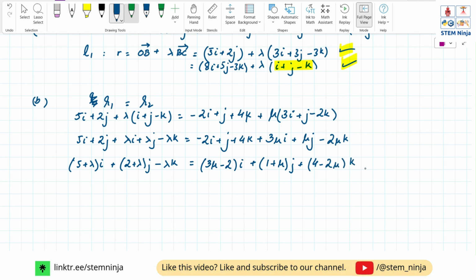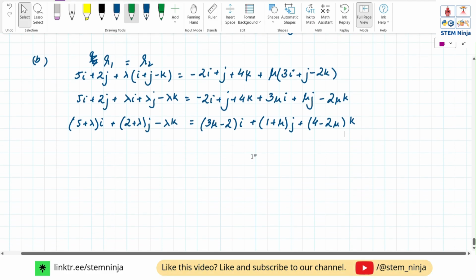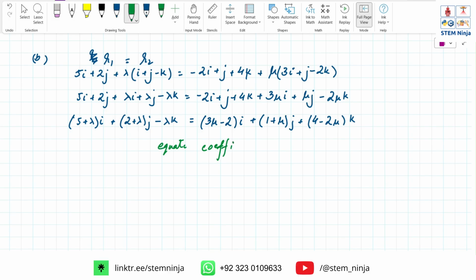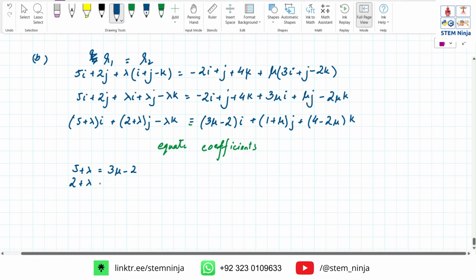Now, we cannot solve it as it is, but what we can do is equate coefficients, because both sides are identical to each other. So we can equate coefficients. So 5 plus lambda equals 3 mu minus 2. Similarly, the other one, 2 plus lambda equals 1 plus mu.